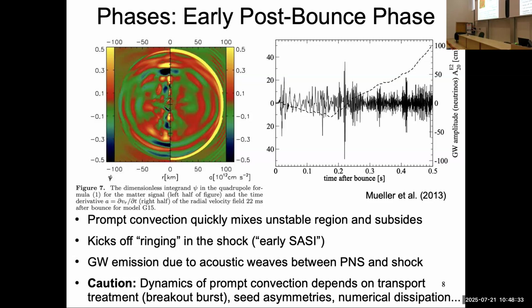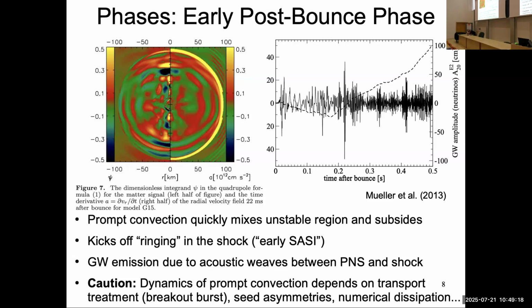Here it's not necessary so much that you see this prompt convective overturn, but at least in the models that we did back in 2012, you get some convective overturn that mixes the region behind your shock, and then effectively your shock still does some kind of ringing. I think it's effectively a manifestation of the standing accretion shock instability at early times. And then what you're sensitive to are really pressure waves, acoustic waves traveling between the neutron star and the surface that give rise to a relatively well-defined and quasi-periodic frequency here.